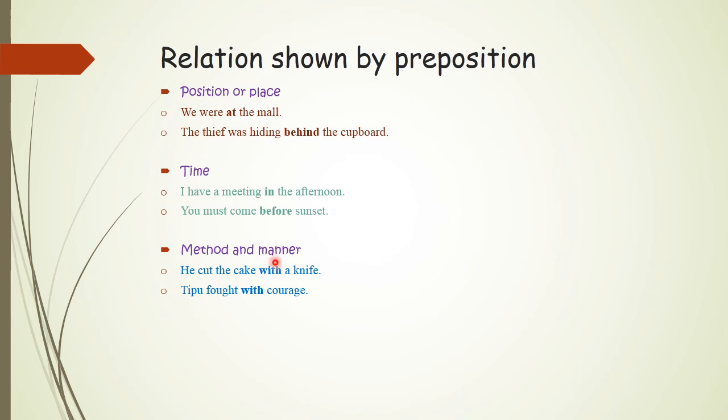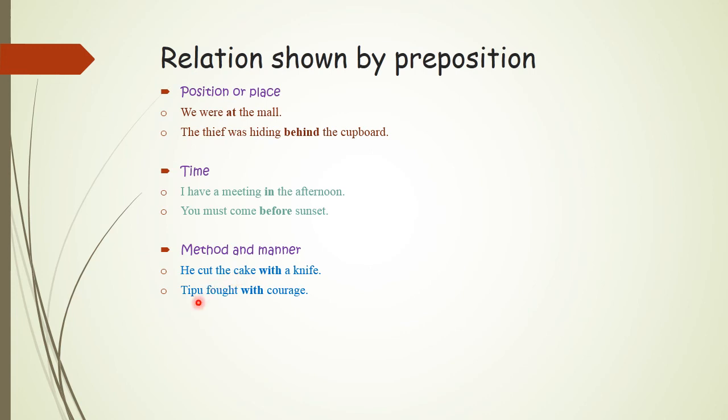So again, with is a preposition and it comes before the noun knife and it shows the method by which the person cut the cake. He cut the cake with a knife. So the preposition with shows the method in which that person cut the cake.